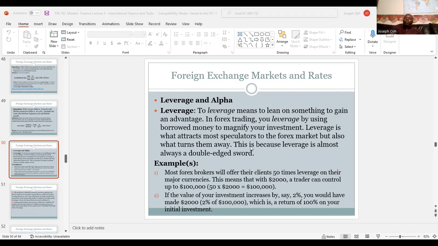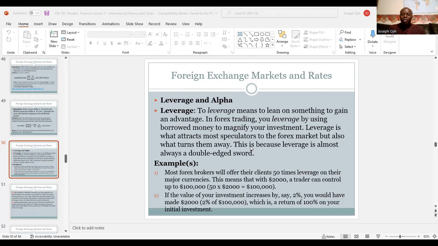When it comes to forex trading, leverage is connected to loans. In other words, in forex trading, you leverage by using borrowed money to magnify the size of the return on your investment.